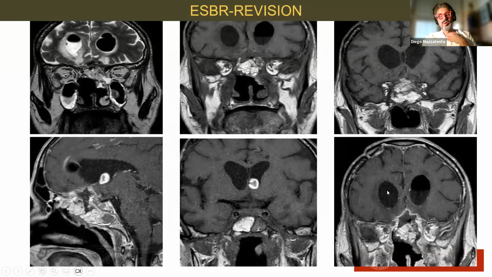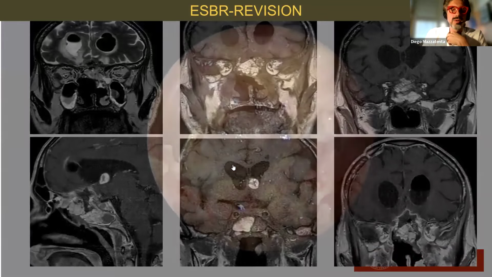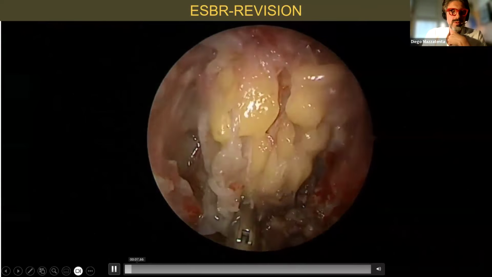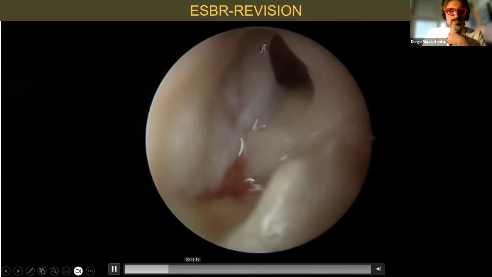In case of failure, you have to be prepared to perform a revision. This was a case operated in another department. We are lucky. And you can also see the displacement of the fat in the ventricular system. You have to remove all the previous closure.